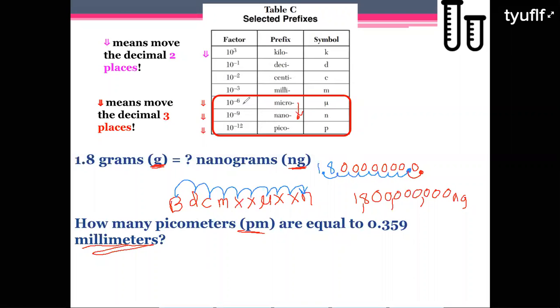Because remember the difference between milli and micro: those are 3 powers of 10. Since there's no unit that comes in between milli and micro, I just put X's to stand for the different places. So that's 1 place, 2 place, and the 3rd place actually has a name, and that 3rd place is micro.